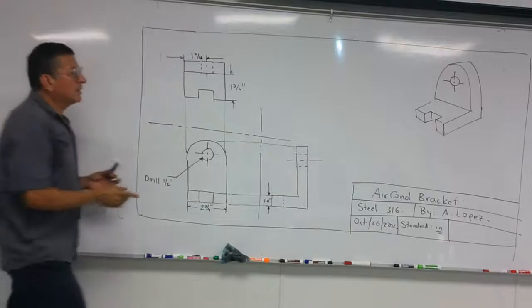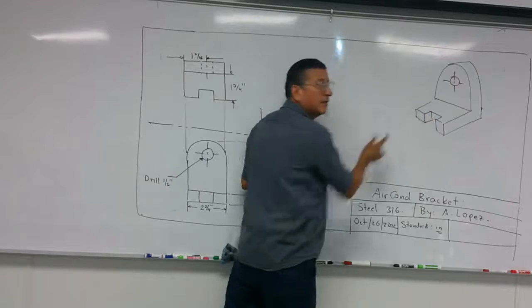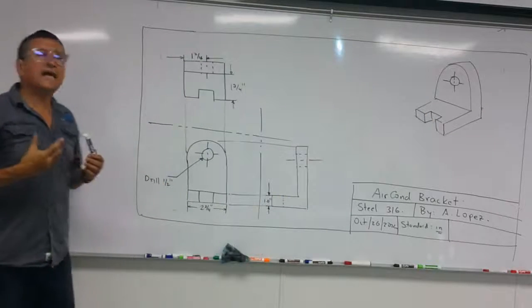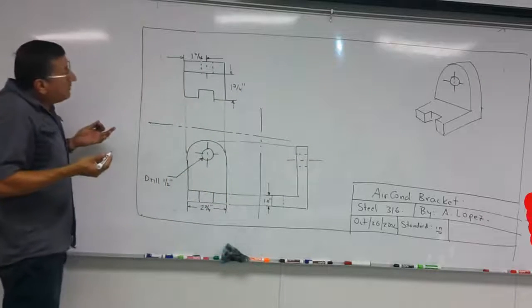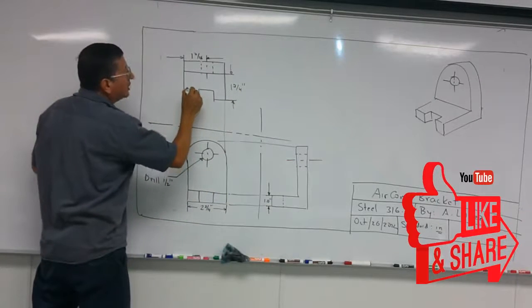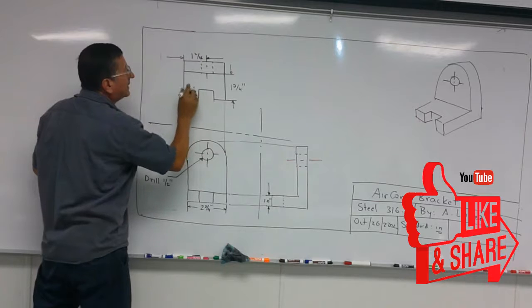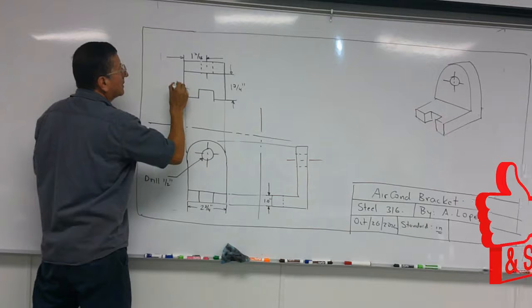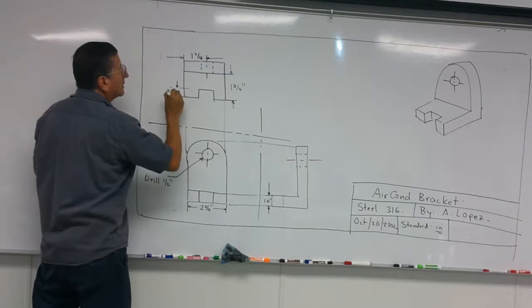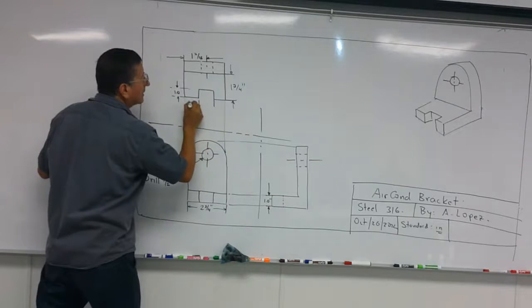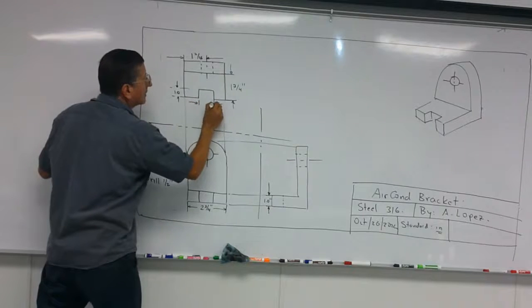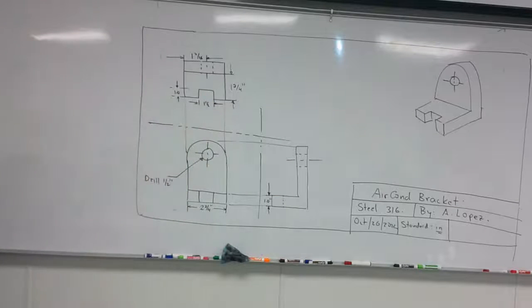Okay, what about this one? Where can I indicate this element? In top or in front? Okay, on top I can indicate this one, 1.0, and this one, 1.5. That's correct.